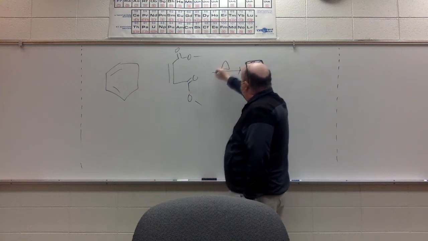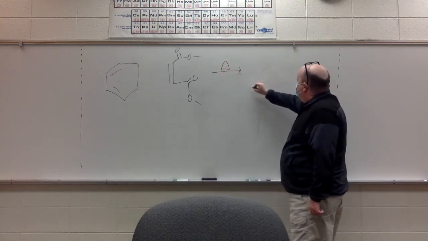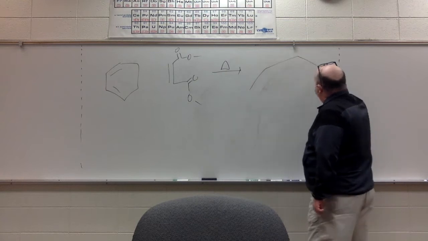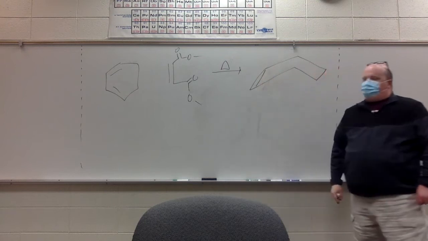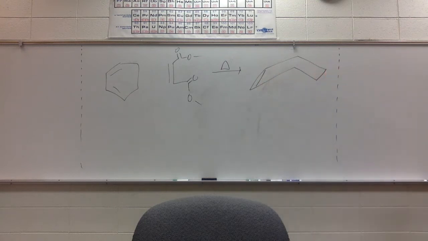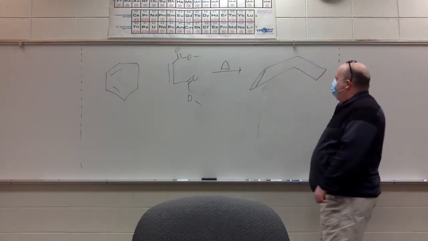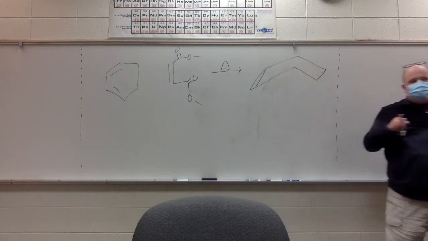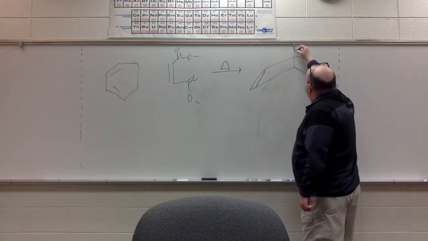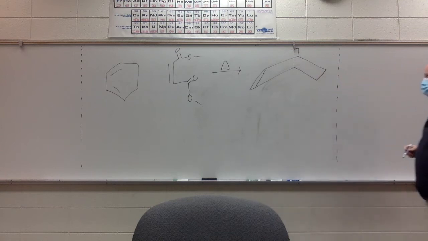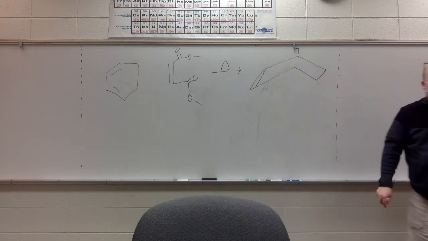All right, draw your framework, your skeleton. If you see a cyclic diene in a Diels-Alder, just automatically go to this. All right, this will always be here. How many bridgeheads are we going to have? I have two. Draw your two bridgeheads. And we're going to have two ester groups, one on each of the carbons that used to be in your dienophile.